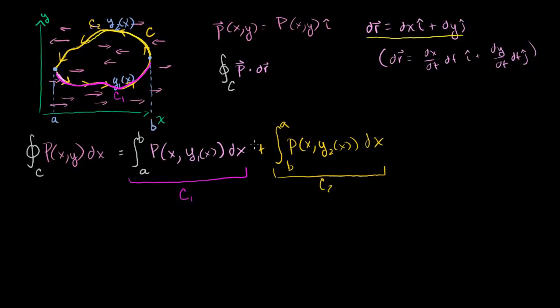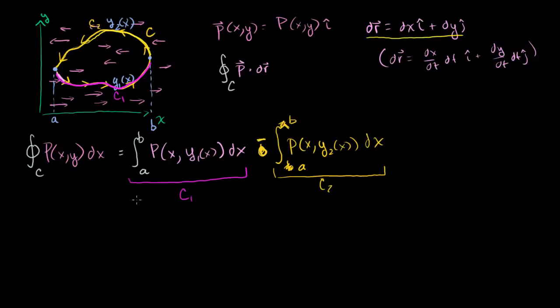So let's see if we can simplify this integral a little bit. One thing we might want to do is make their endpoints the same. If you swap a and b here, it just turns the integral negative. So you make this into a b, that into an a, and then make that plus sign into a minus sign.